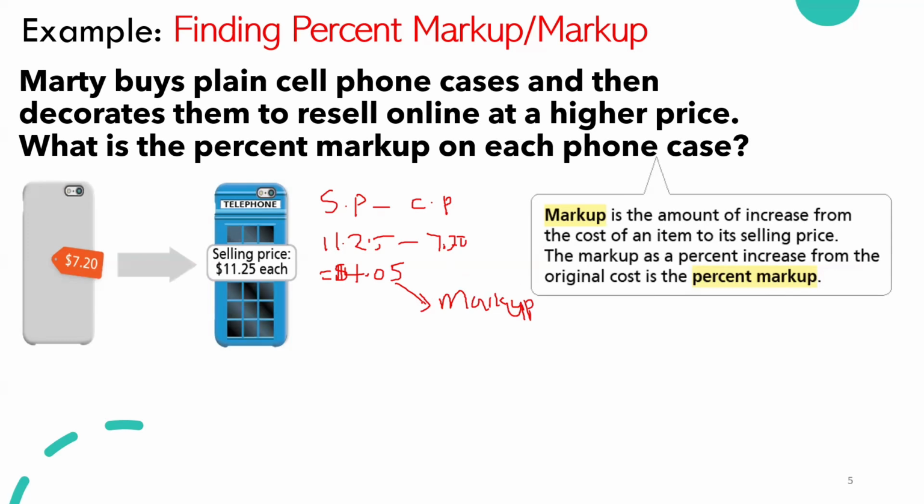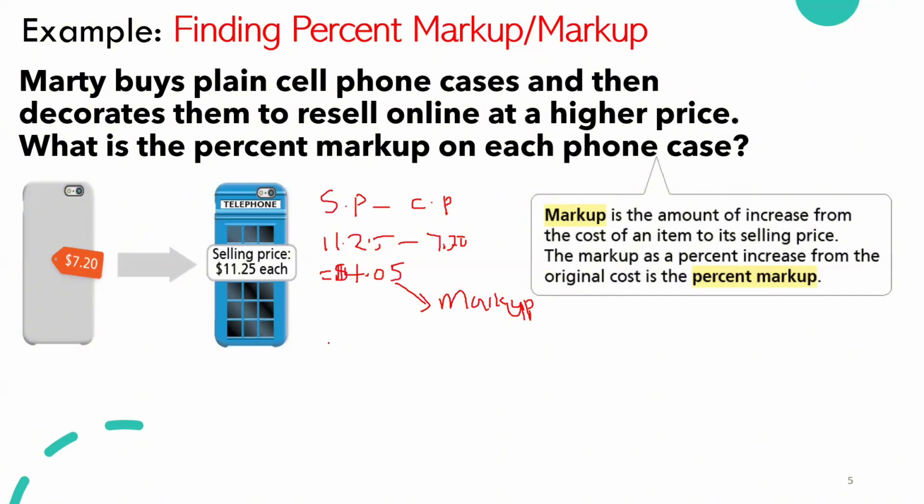Now that we have found our markup, we are going to use it to find the percent markup. The percent markup is basically the markup as a percentage. We know that the markup is $4.05, but what does that look like as a percent?